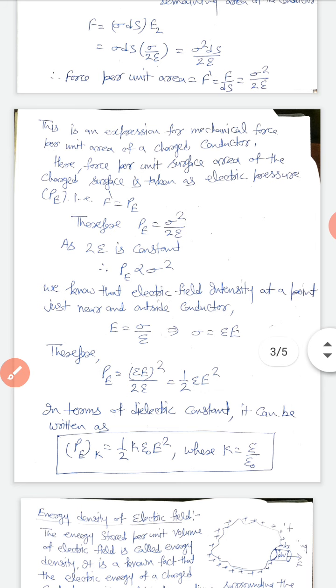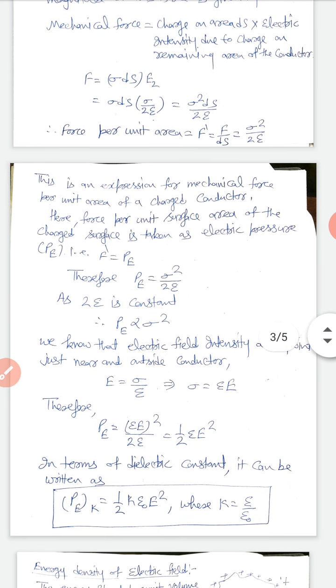So in terms of dielectric constant, where epsilon is the permittivity of a medium, it can be written as 1 by 2 k epsilon 0 E square, where k is the dielectric constant. From this, epsilon will become k into epsilon 0. So we have just replaced epsilon with k epsilon 0.